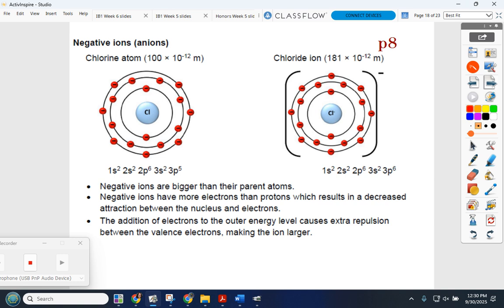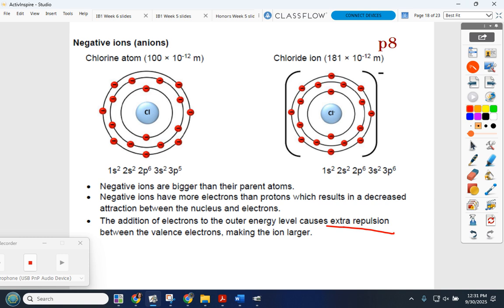So that shows up when we measure it as an increase in the size of the ion. So extra repulsion, and the electron-proton balance is the other way.